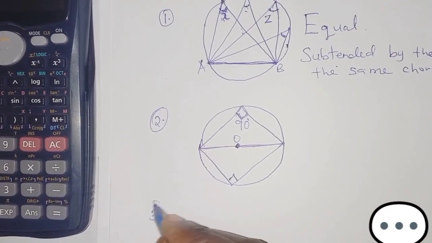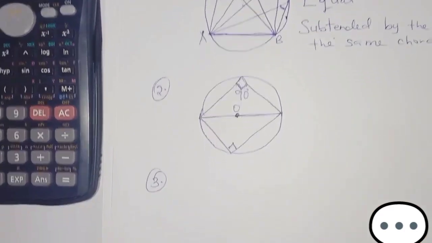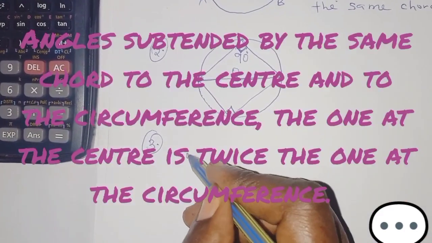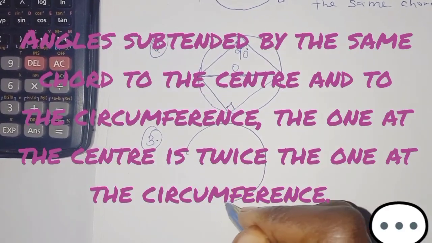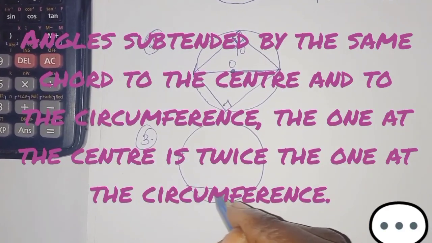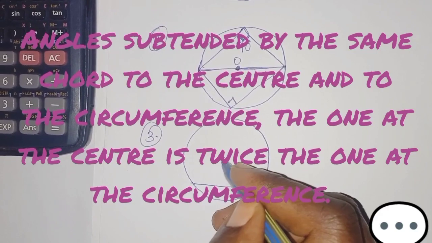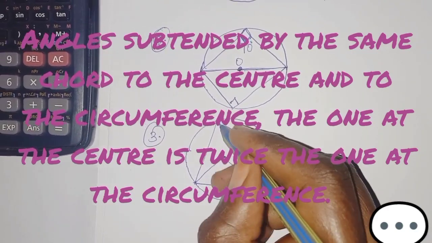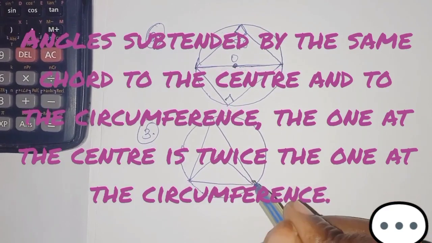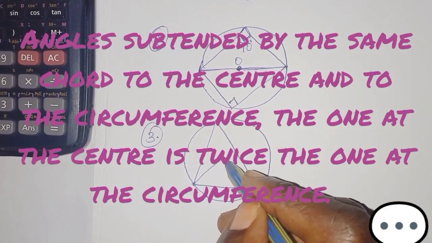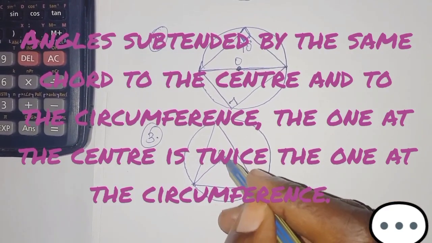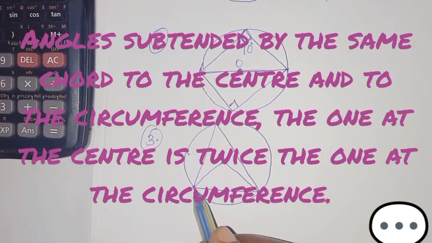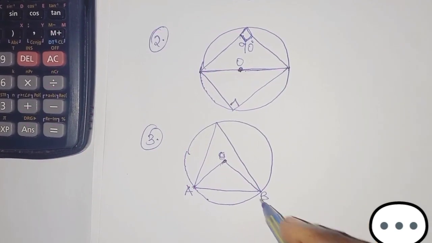Property number 3. Angles that are subtended by the same chord to the center of the circle and to the circumference of the circle. When you have a circle with center O and a chord, let's call this chord AB.